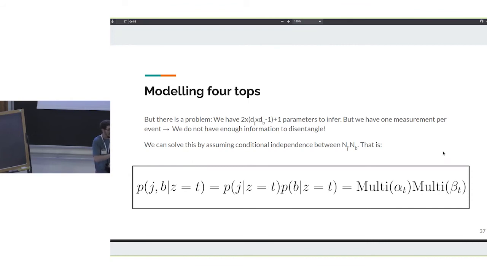The multinomial is the probability of measuring a certain number of light jets and a certain number of B jets in each bin. But you're not repeating drawings of sampling a jet.